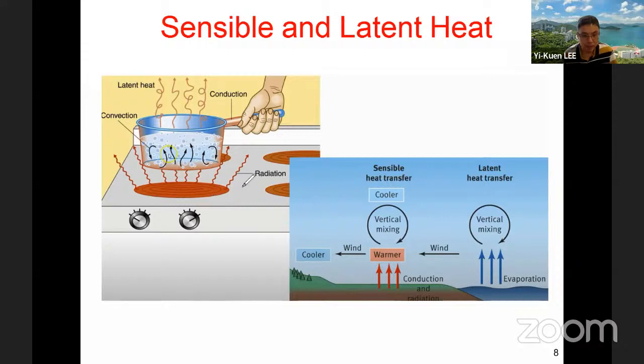The temperature is very high, so in this case we have what? We have heat radiation, and of course also heat conduction and convection. Once you reach some critical temperature, again we have water vapor. Liquid turns to water vapor, so the latent heat.